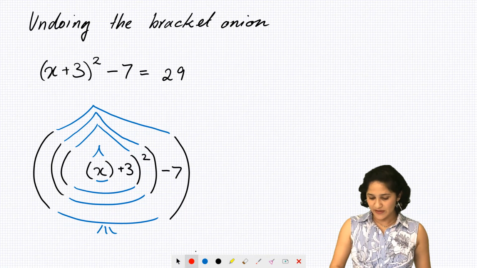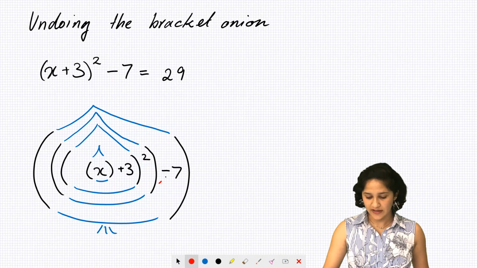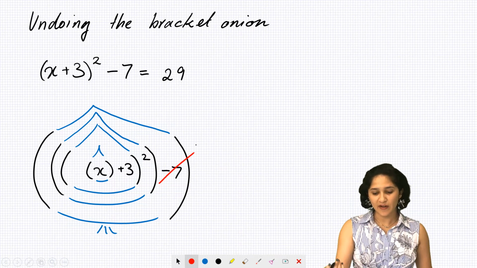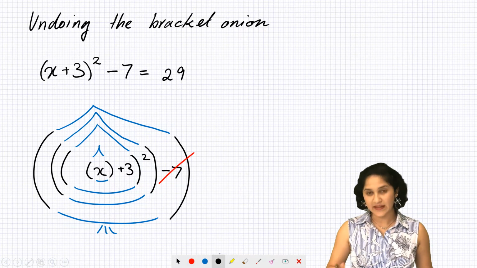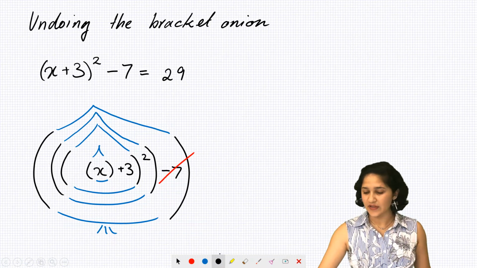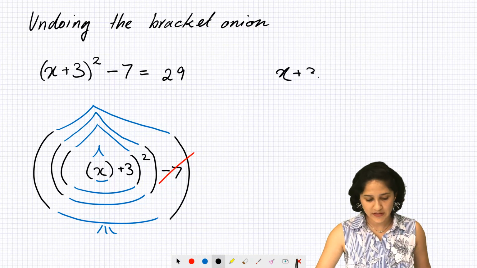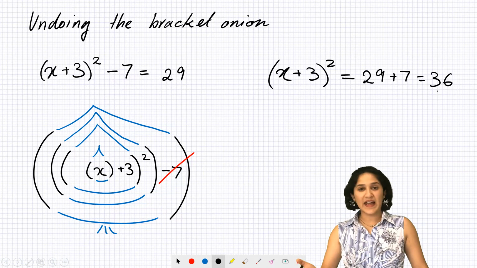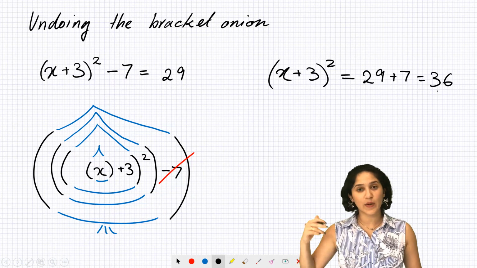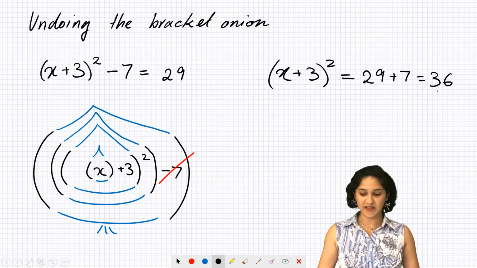So if I do that, the first layer to go is the minus 7. So if I get rid of the minus 7, that's the same as adding 7 to both sides. So I get (x plus 3) squared is 29 plus 7, which is 36.